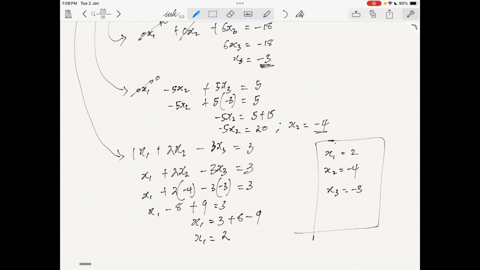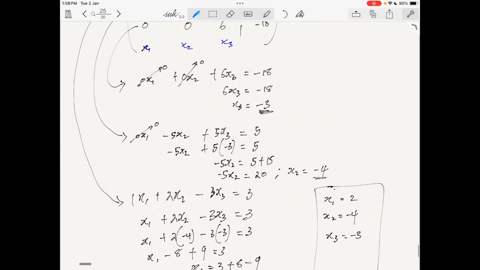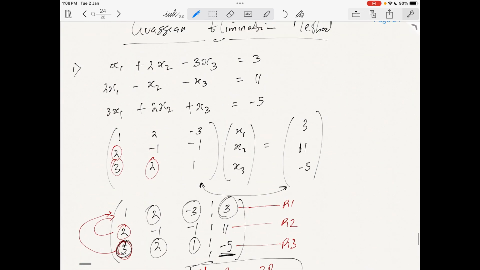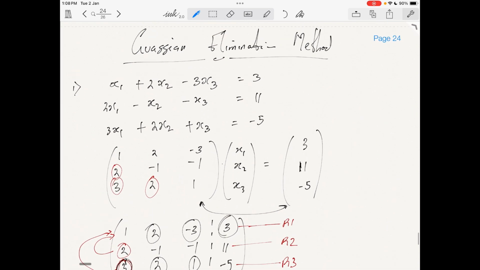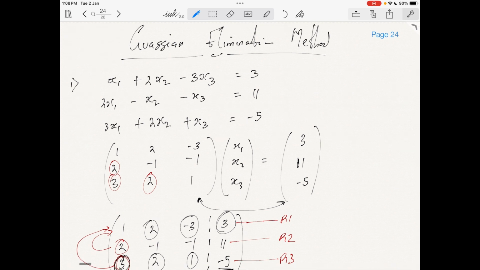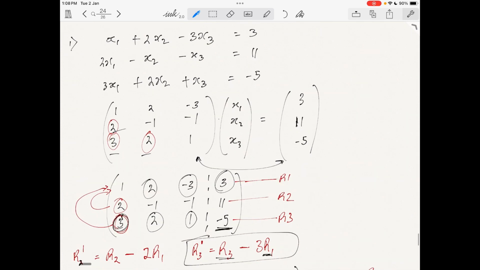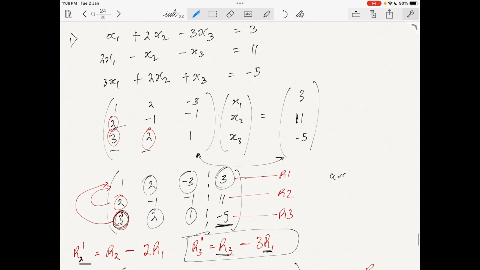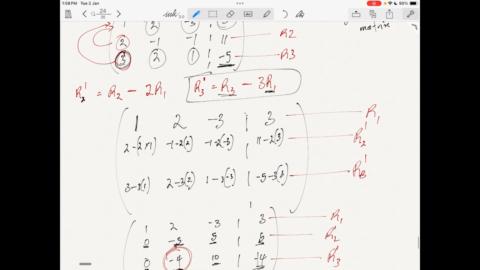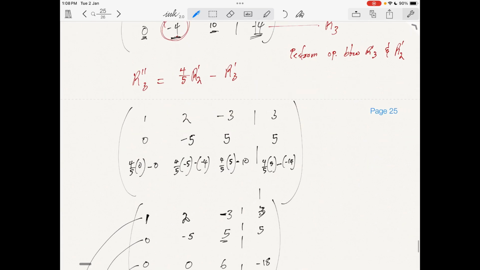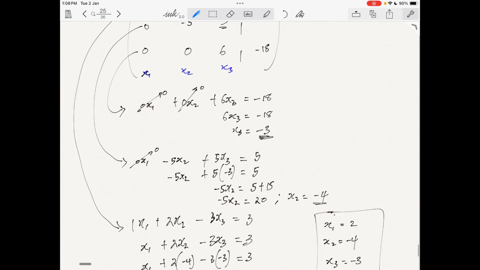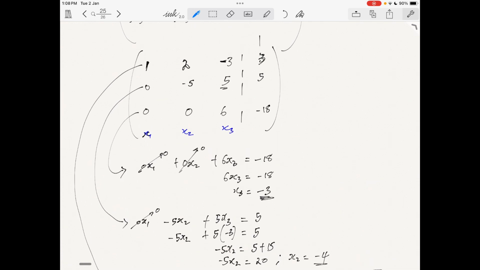Now I want to take more examples to understand further the process of solving using the Gaussian elimination method. The main aim, as we said before, is to turn this 3 into 0, by first turning it into an augmented matrix, where we combine the coefficients of x1, x2, and x3, and we separate it using broken lines from the constant term, and thereafter we perform our row operations, and then we proceed to solving for x1, x2, and x3.